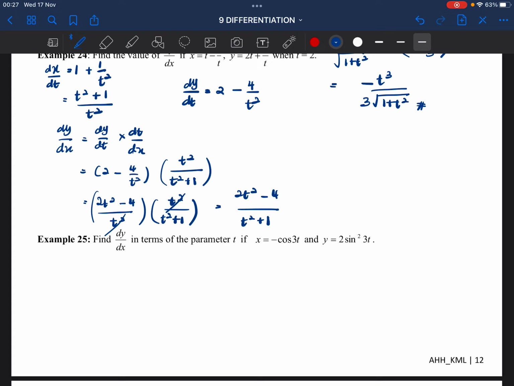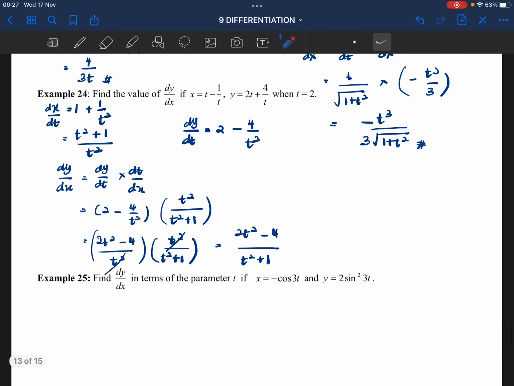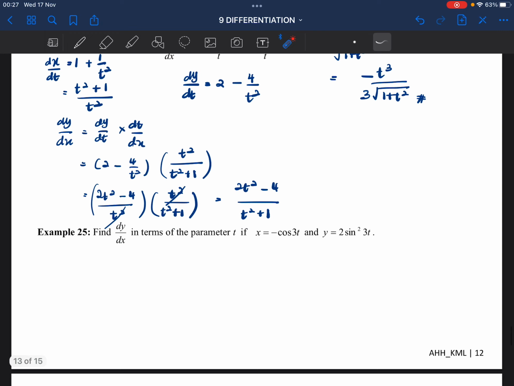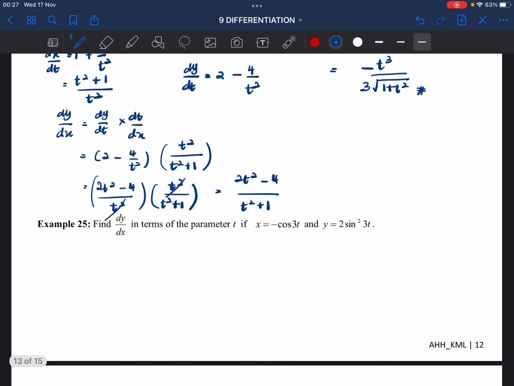Okay, so if you want to simplify your fraction, if you have something like this, you know what to do. Just make the denominator the same. But remember the question said find dy over dx when t is equal to 2. Okay, so we are going to substitute t equals 2, dy over dx is equal to 2 square minus 4 over 2 square plus 1. That should get us 4 over 5.